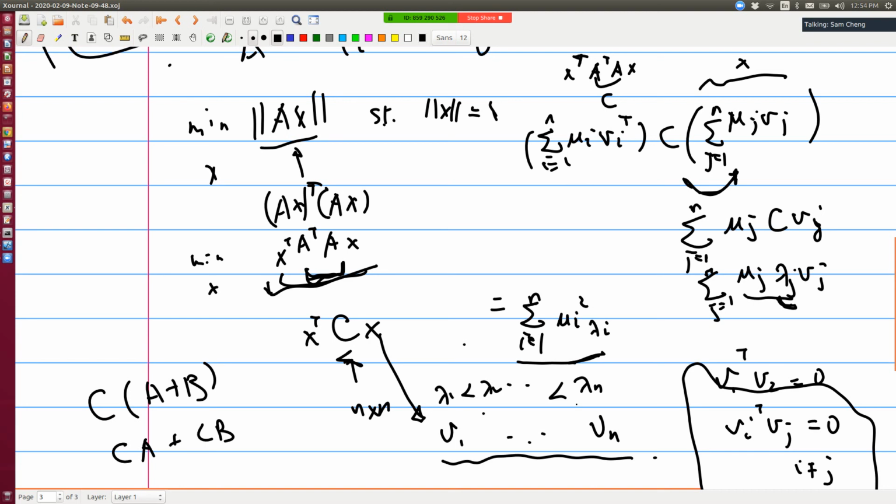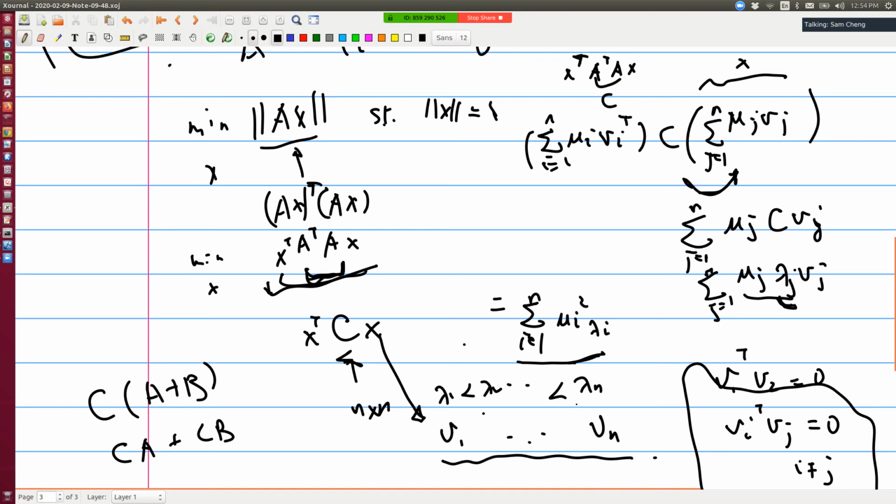Yes, mu should be less than 1. It's not necessary. I can have one of them be 1 and then the rest be 0. Yes, the sum of squares does not exceed 1.